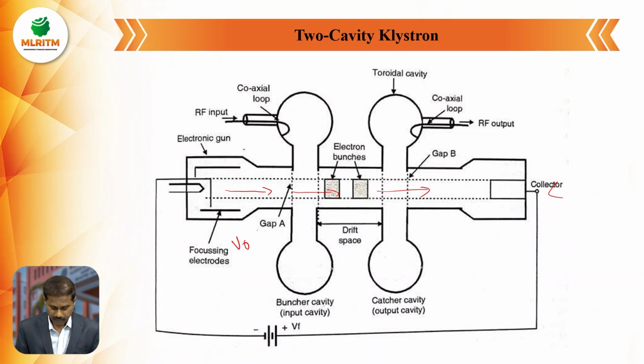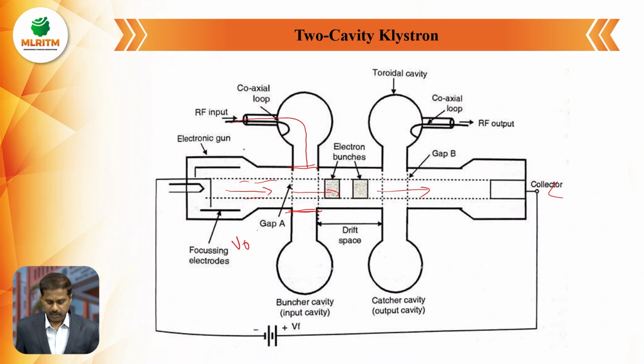When all these electrons come to the first cavity, that is the input cavity, also called the buncher cavity, and we give the RF input to this cavity, an alternating signal is produced across the gap of the two cavities.